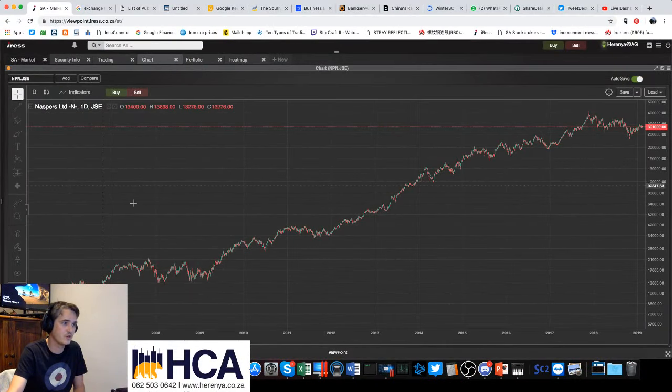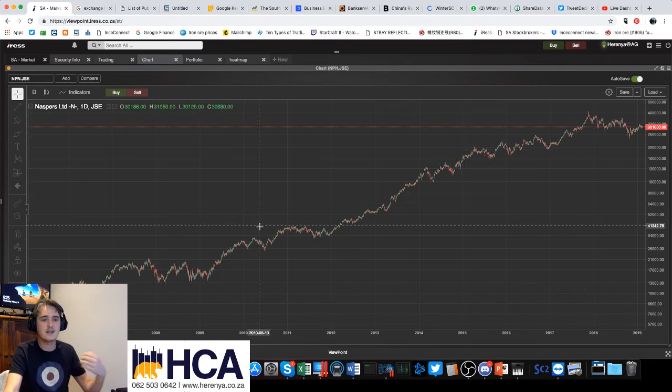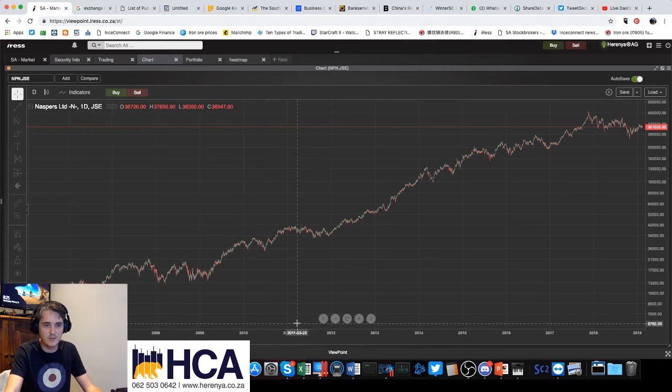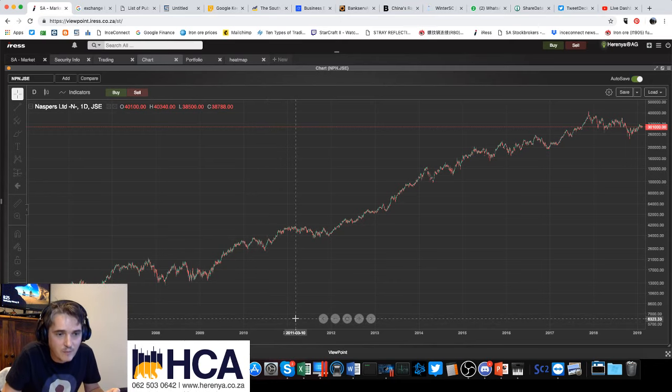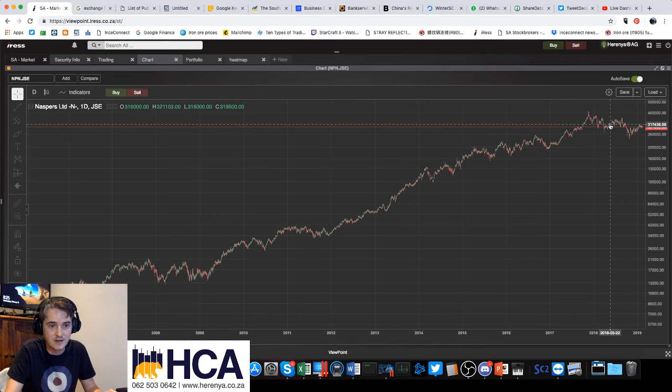So to show you, this is what Naspers' trend looks like since February 2005 to now. It's a lot smoother and a lot more steady as this thing goes from 57 Rand all the way up to 3,000 Rand, right?